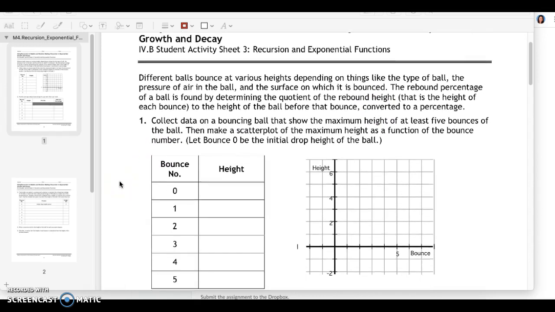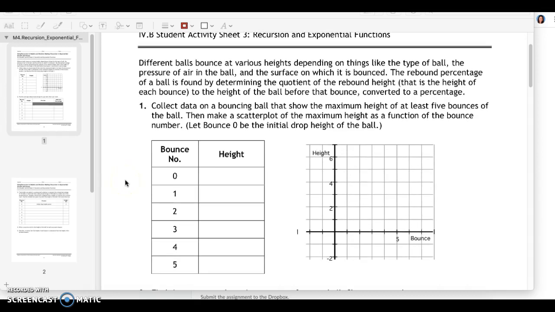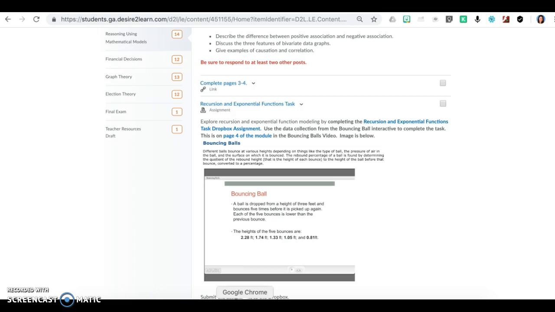Number 1 says collect data on a bouncing ball that shows the maximum height of at least 5 bounces of the ball. Then make a scatter plot of the maximum height as a function of the bounce number. Let 0 be the initial drop height of the ball. So luckily you don't actually have to complete this, because in the directions for the task, it says to use the data collection from the Bouncing Ball Interactive to complete the task.